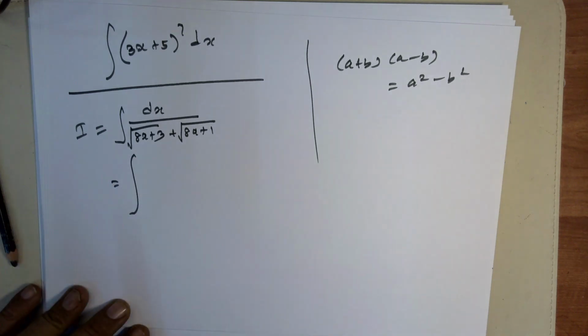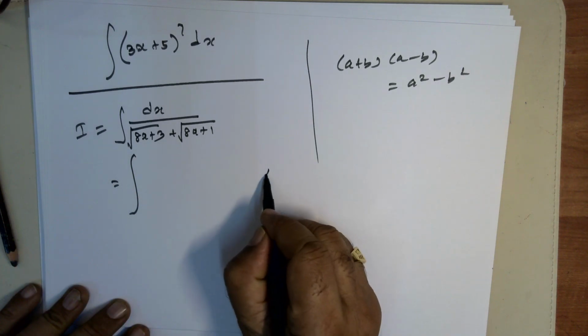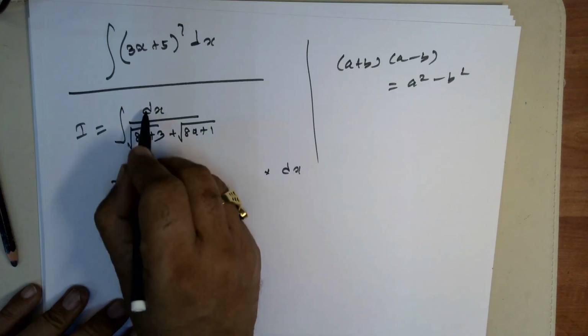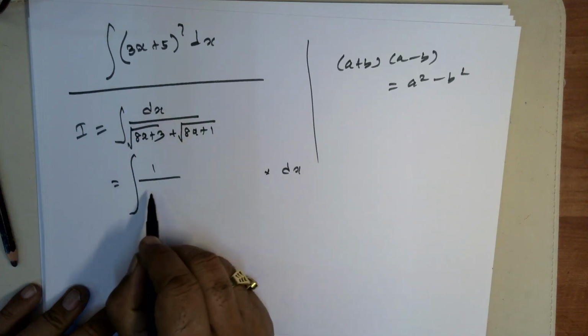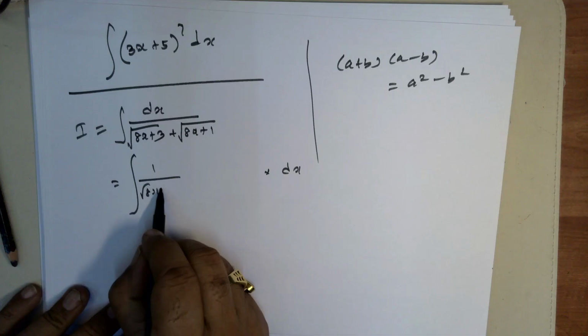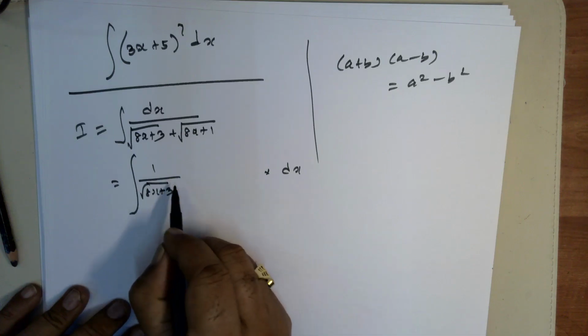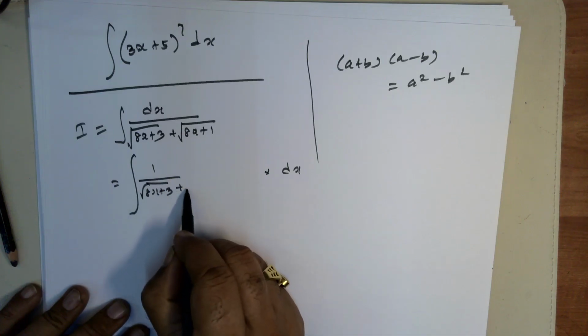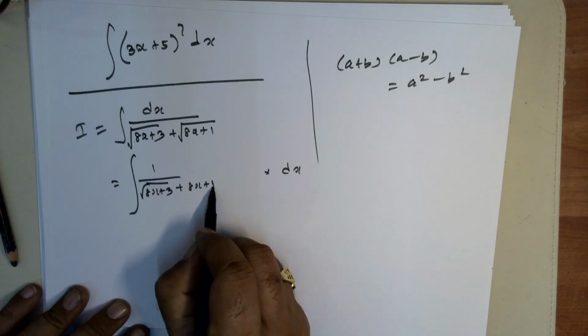Till then the integral will be, split this dx separately, 1 by root of (8x plus 3) plus root of (8x plus 1).